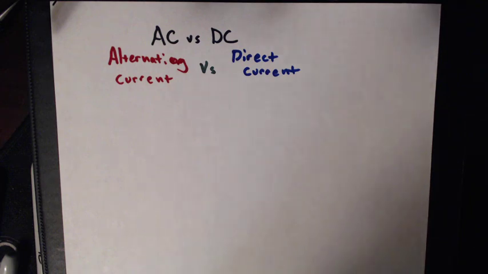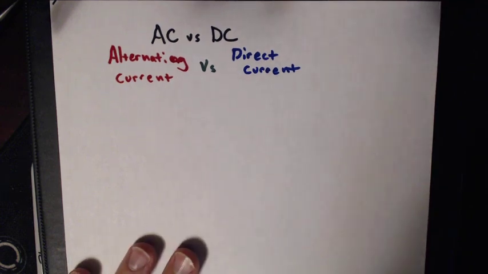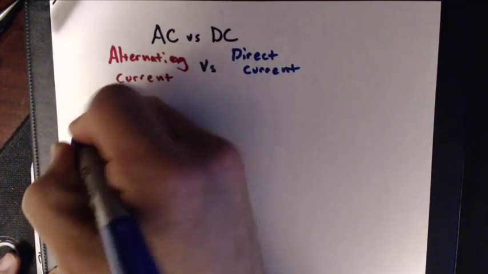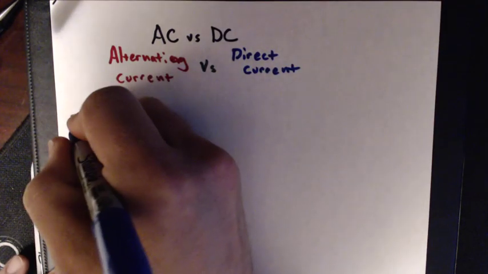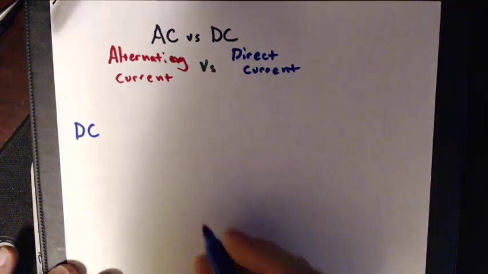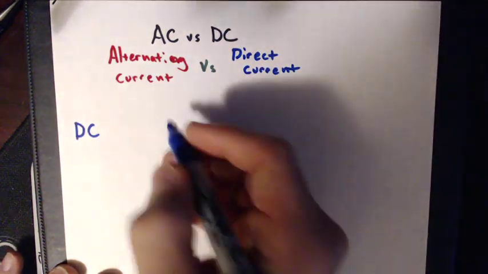So let's define what direct current looks like. It's what we've been using up to this point. If we look at DC, or direct current, we'll give ourselves a constant voltage source.